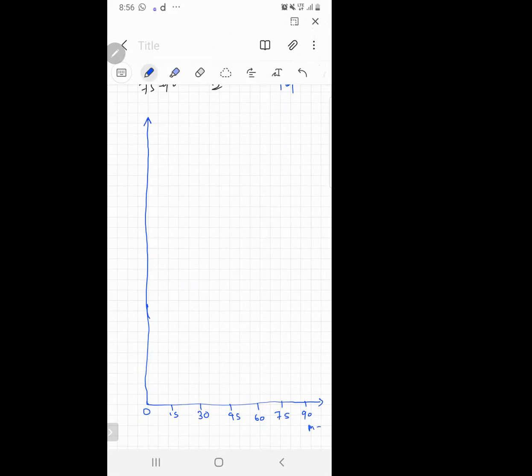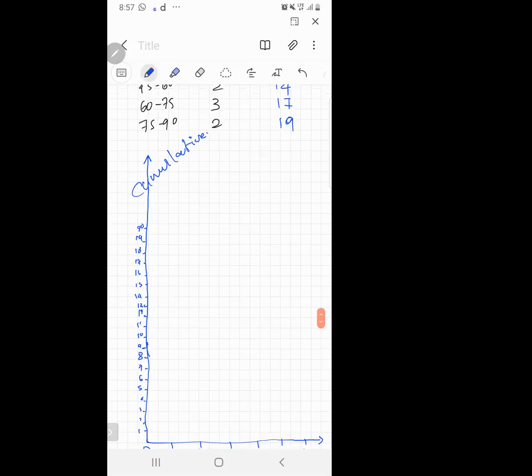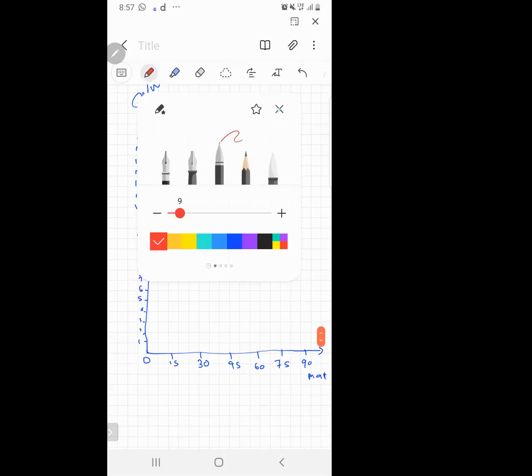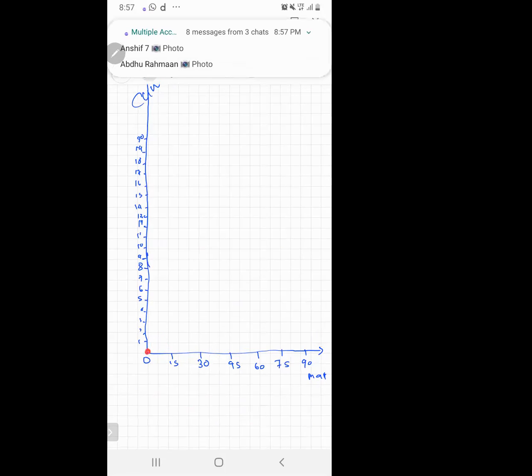So this is what we call marks. And here 1, 2, 3, 4, 5, 6, 7, 8, 9, 10, 11. Cumulative frequency. So starting point is 0. It's my starting point.